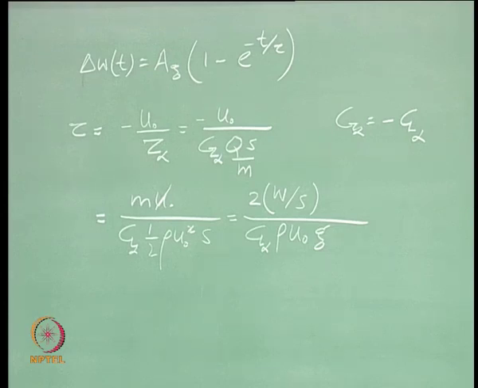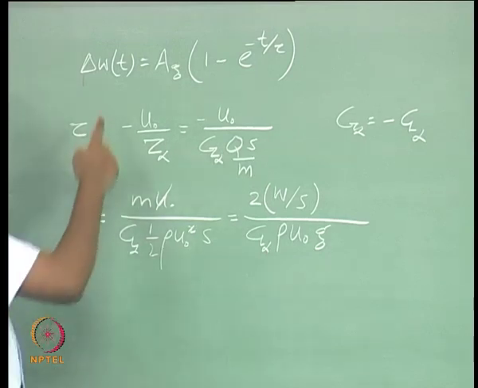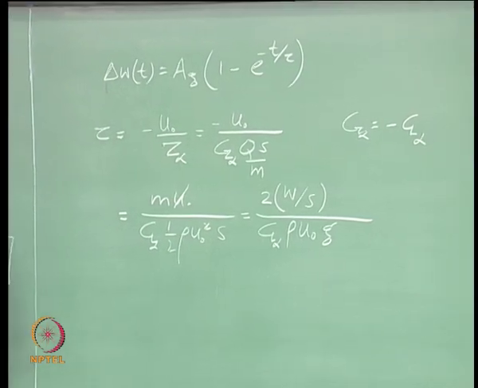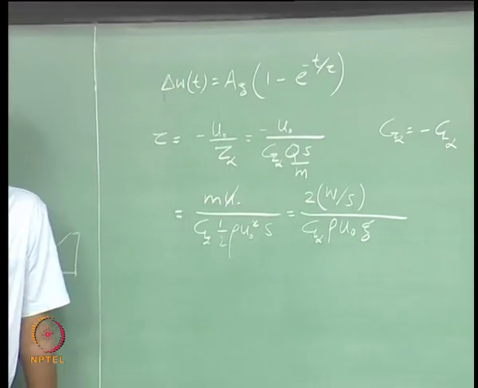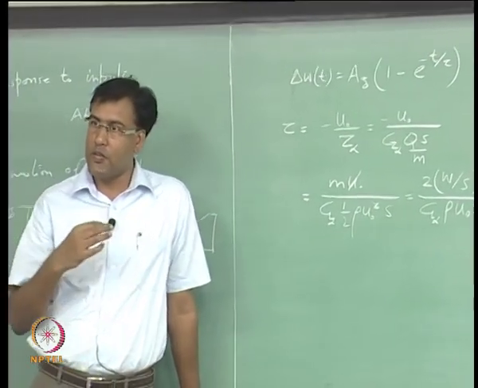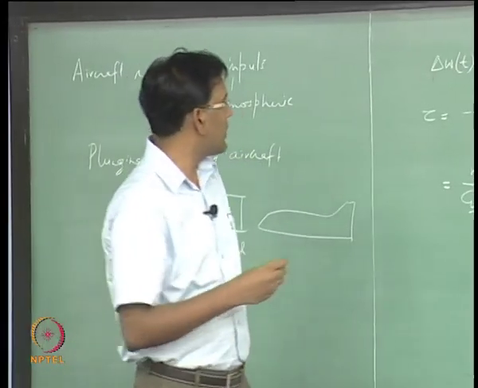The response is going to depend upon the initial condition, as in you are trying to find out what is the acceleration at time t equal to 0. We are trying to plot this delta w of t as a function of time. So, we need the slope at time t equal to 0, and that slope is nothing but the acceleration.